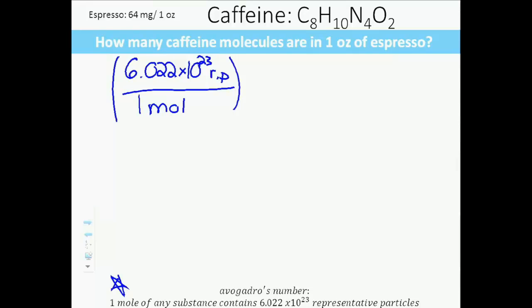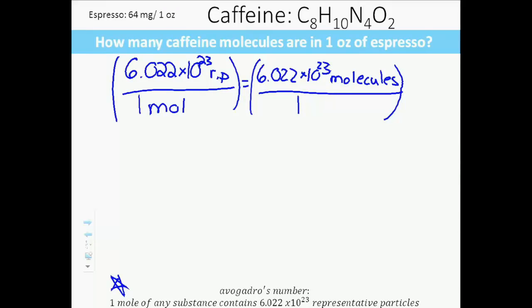So if you're asked to figure out the number of molecules, you can say that there are 6.022 times 10 to the 23rd molecules in any 1 mole. Representative particles is just the way of saying you can put anything in that place. It doesn't matter what you put in there.